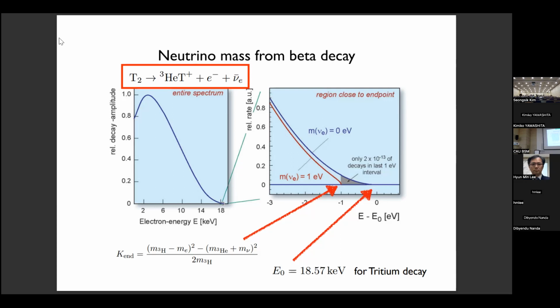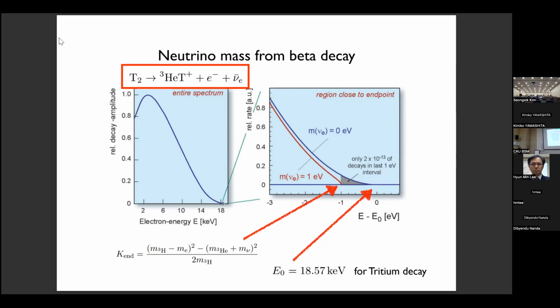that depends on the mass of neutrino, because when the neutrino is massless, the spectrum of the electron follows this blue line. But if the neutrino has a non-vanishing mass, then the energy of the electron can be reduced by the amount of the mass of the neutrino, because the mass difference of tritium and helium-3 goes to the mass of the neutrino and also the energy of the electron.